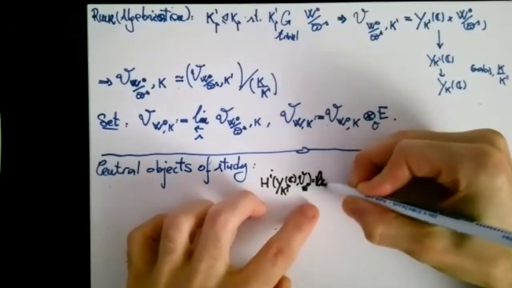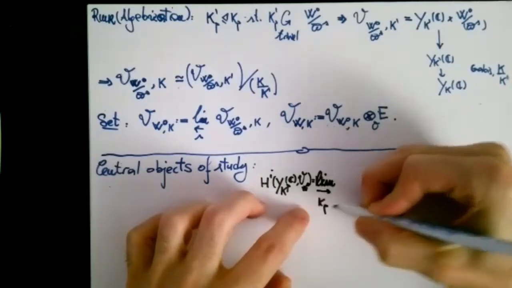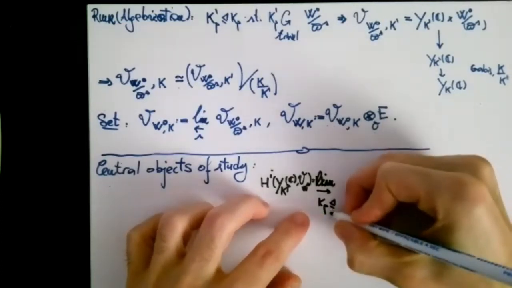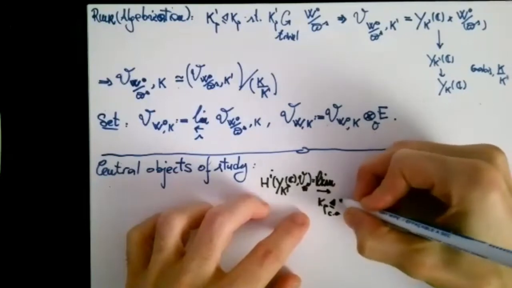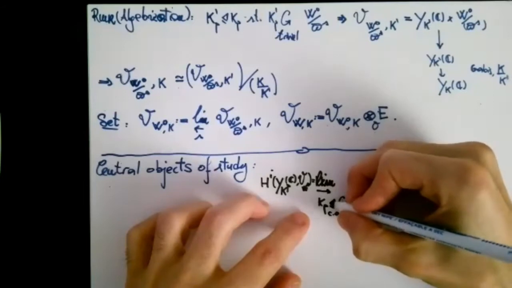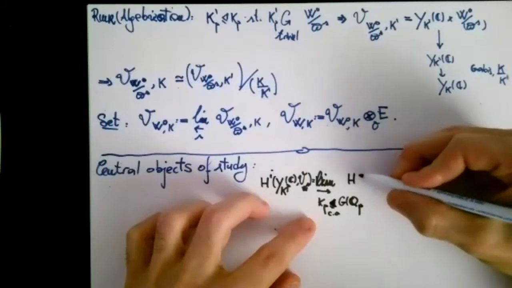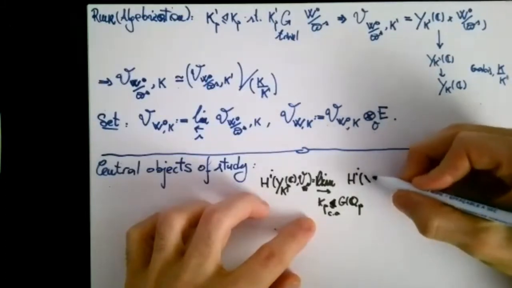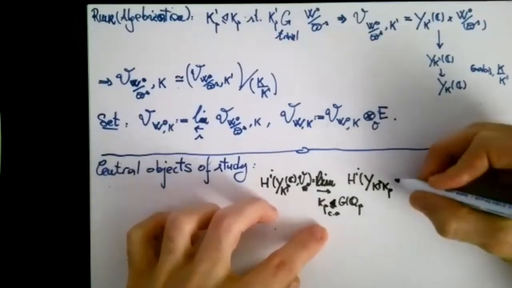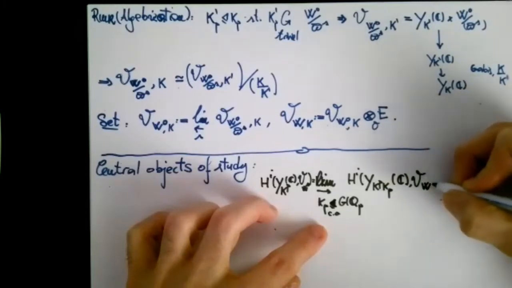This is defined as the limit over K prime, compact open subgroup in GQp, of H^i of Y K upper P lower P C, V W naught.